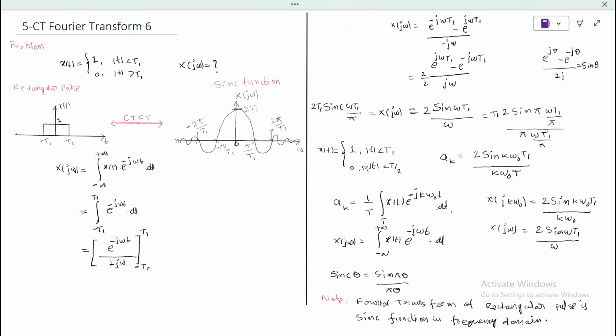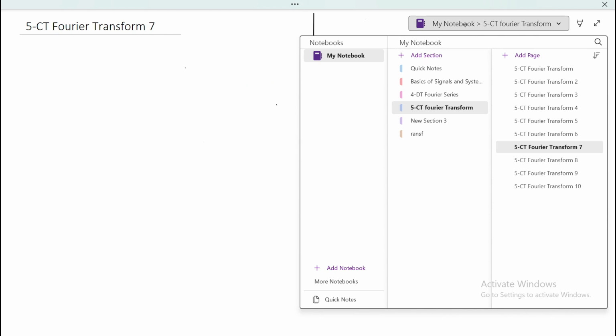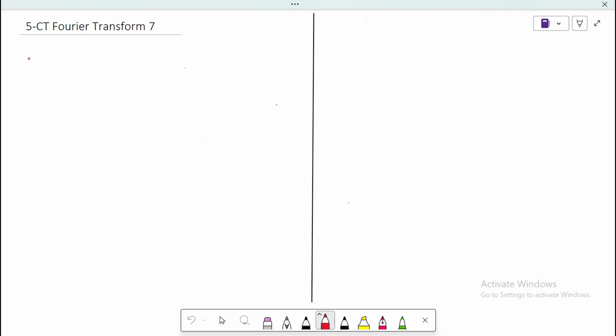So next, another problem. Now we will take the signal in the frequency domain and find the signal in the time domain. Till now we have taken the signals in the time domain. So now I'm taking X of j omega.